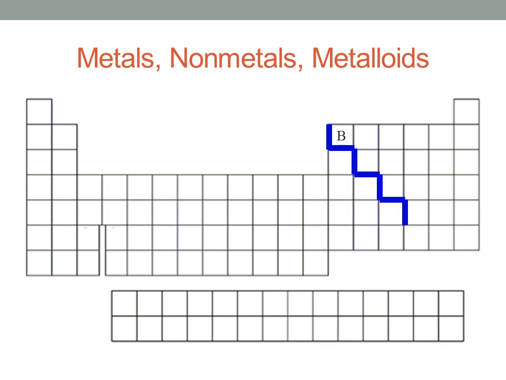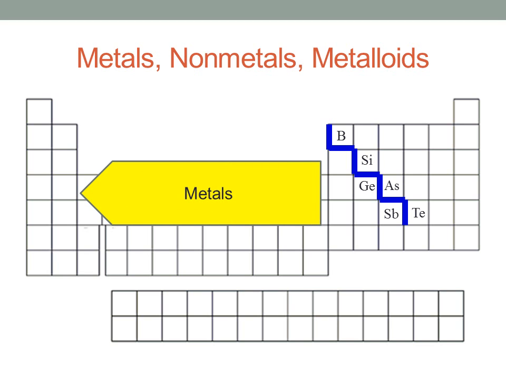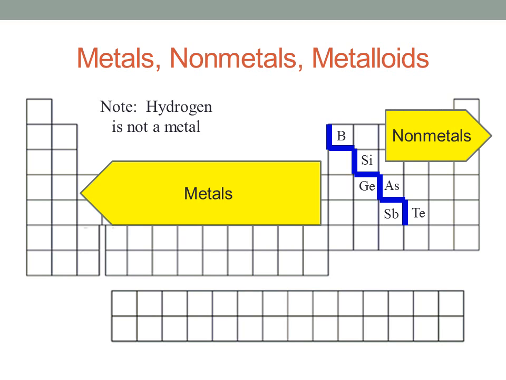The metalloids are boron, silicon, germanium, arsenic, antimony, and tellurium. All the elements to the left of the staircase are classified as metals, with the exception of hydrogen. All the elements to the right of the staircase are classified as nonmetals.